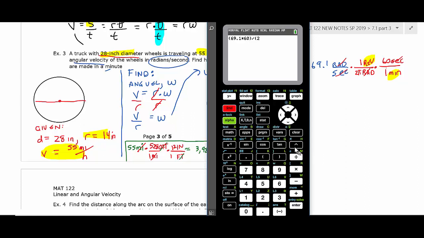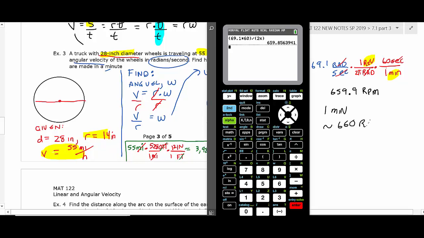That's just kind of an important rule of thumb. Okay, and if I do that, then the answer to this problem would be 659.9 revolutions per minute. So every time in 1 minute, you're turning through just about 660 revolutions.